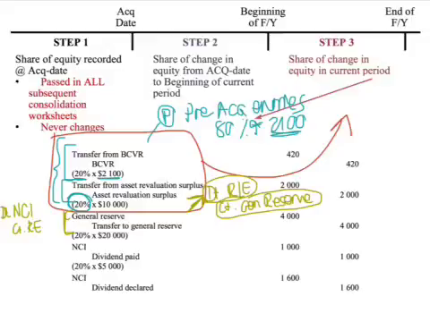So the effect is that the NCI should increase in line with that movement in this specific equity balance. So we would extract 20% of the movement in the general reserve, so that is $4,000, extracted from the general reserve and increase our NCI with that amount. Now this entry is just combined here, so the net effect on the NCI will be 0.